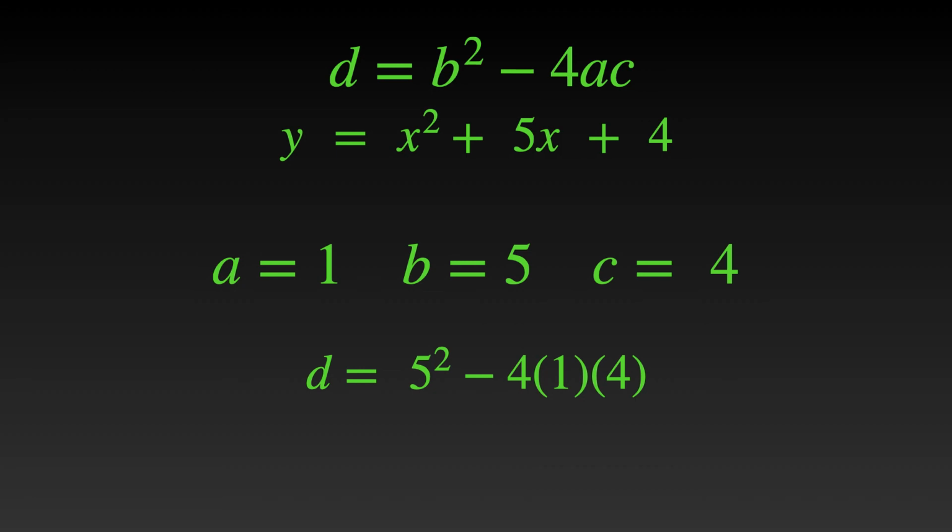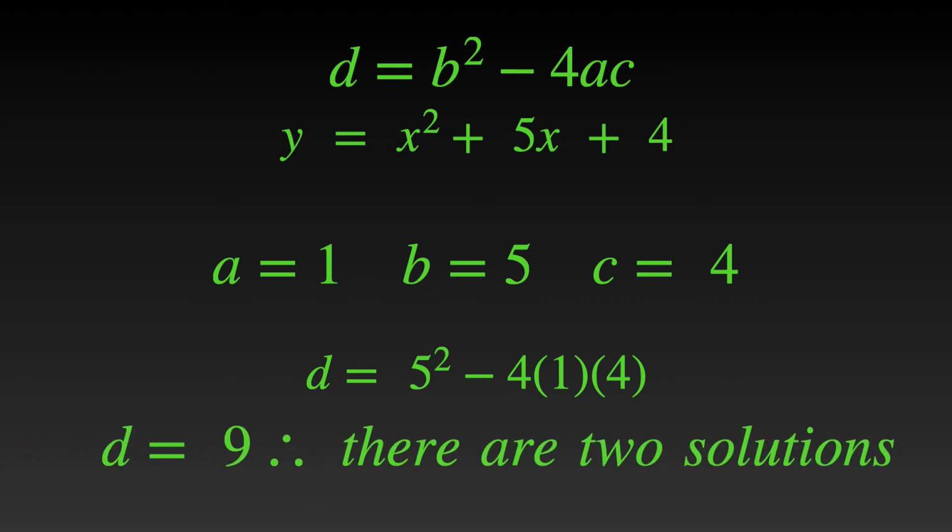Using the order of operations, 5 squared is 25. 4 times 4 is 16, times 1 is still 16. 25 minus 16 is 9. Okay, so D is equal to 9. Now those 3 dots in a triangle mean therefore there are 2 solutions because D is greater than 0.